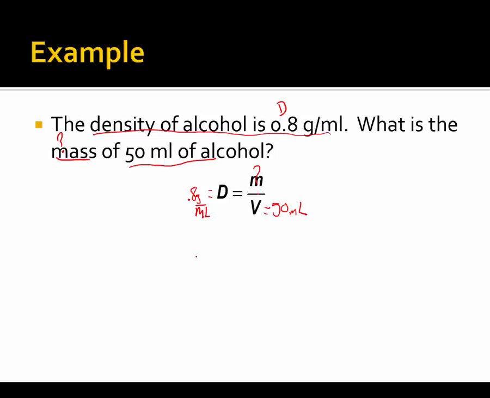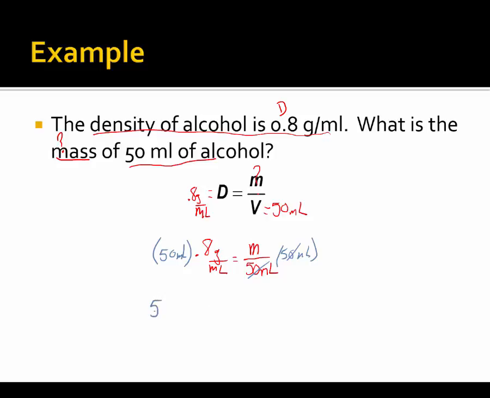So if you plug everything in, 0.8 grams per milliliter, and that's equal to M over 50 milliliters. We'll just keep it as M. If you want to switch it to X, that's fine. So how do we get mass by itself? Well, if you're good at algebra, we can multiply both sides by 50 milliliters so that these two cancel out.